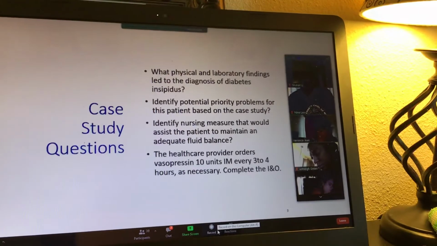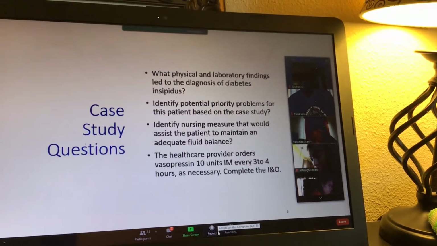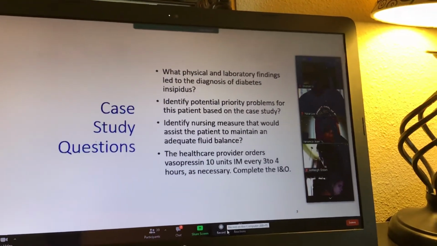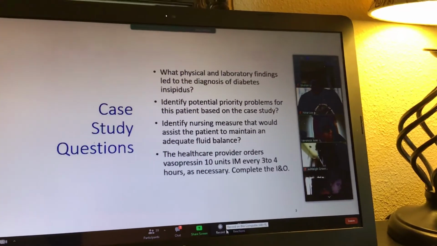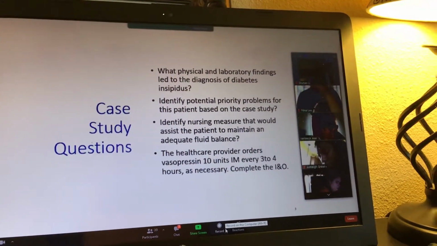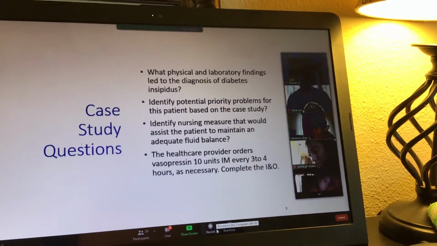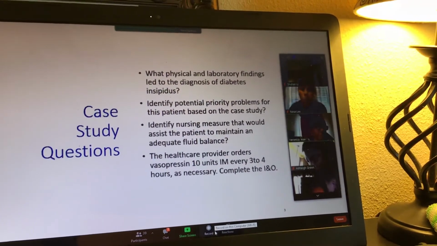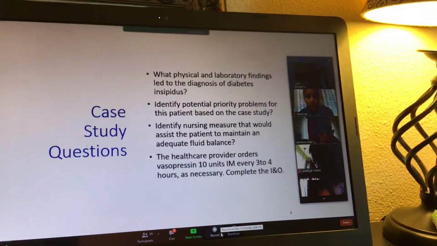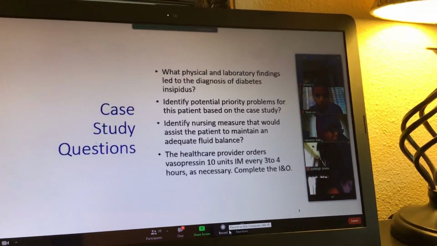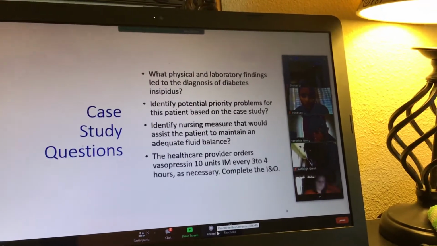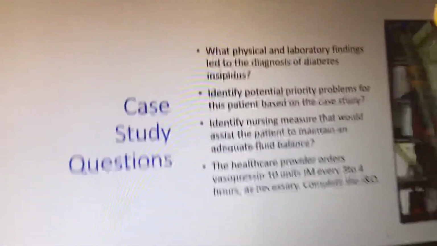And what they usually do, because the patient can put out anywhere between 4 to 30 liters per 24 hours, you know you've got a fluid volume deficit. When you see those patients' urine, sometimes it's extremely clear. They would actually have a specific gravity almost equal to water, like 1.005.